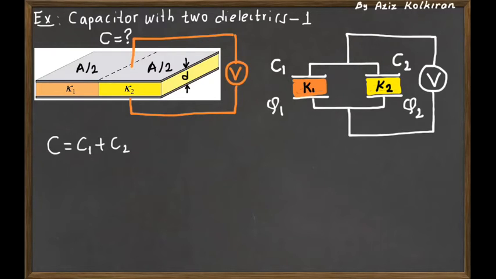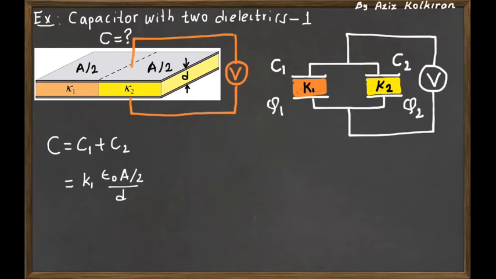Of course, for this configuration, the potential difference between the plates for each capacitor will be the same, V. And we know from parallel connections of capacitors that the equivalent capacitance is nothing but the sum of the capacitances C1 and C2.